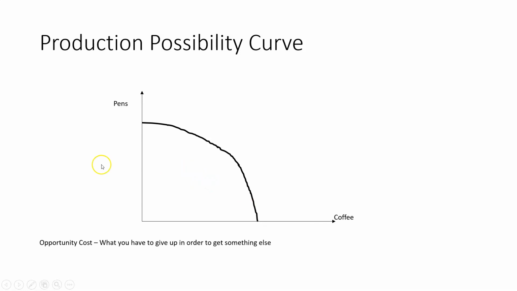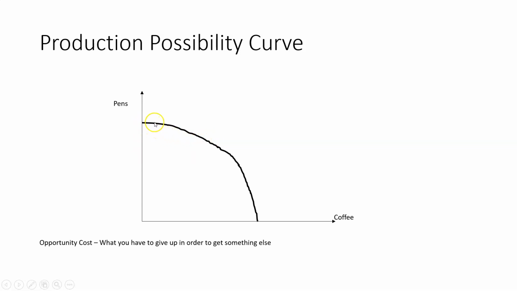And what we notice is that if we produce only pens, we'd be over here. If we produced only coffee, we would be over here. Now, if we started up here with pens, but decided we want coffee, we'd have to give up some pens in order to get some coffee.